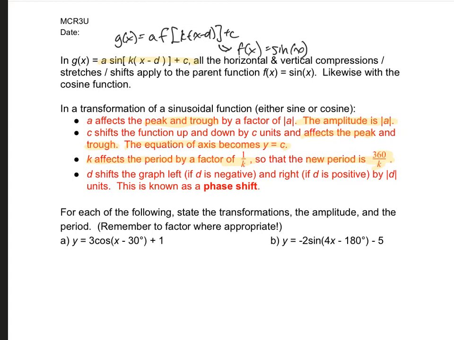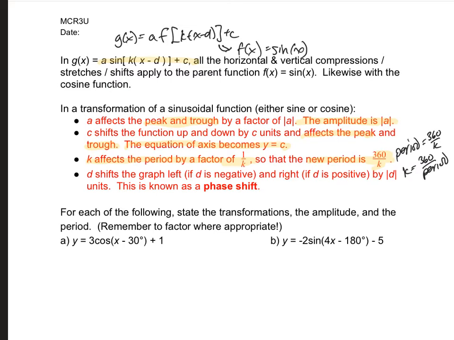I'm just going to make an extra note over here: period is equal to 360 divided by k. If we're given the period, we could rearrange this equation, and the k value is 360 divided by the period as well.